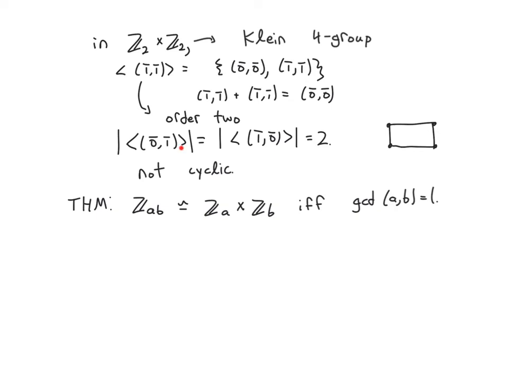And you can check that if you take the other 2 non-zero elements, you're also going to get cyclic subgroups of size 2. So it's not cyclic. This is the symmetry group of the rectangle, actually, because every element is order exactly 2, and the product of any 2 of them is the third. (0, 1) plus (1, 0) is (1, 1), and so on.